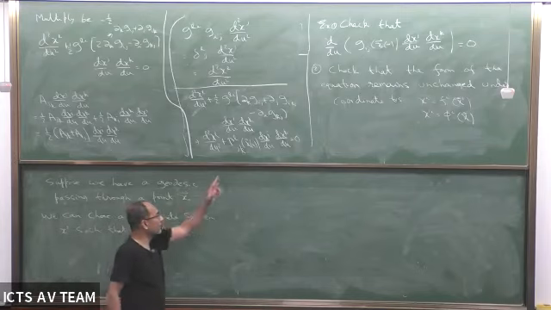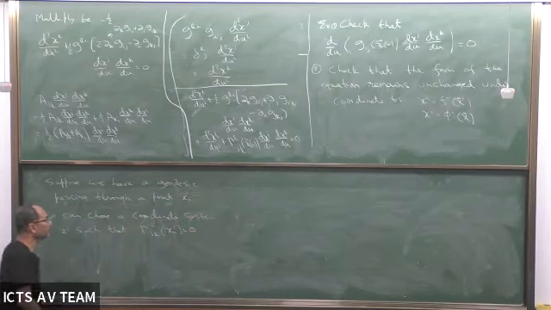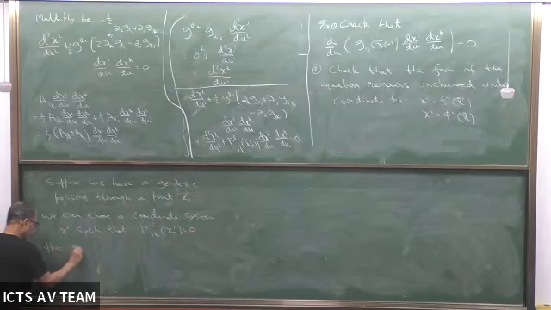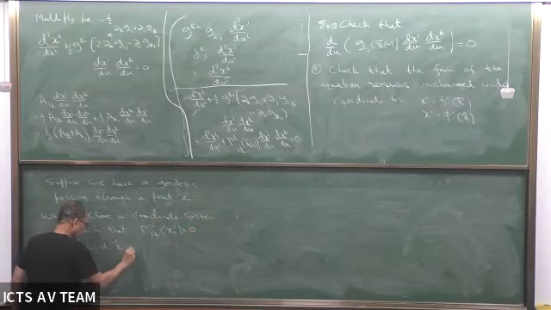In this case, let's look at what the geodesic looks like. So now the geodesic equation. Suppose u equals u naught at x equals x naught in the original system.